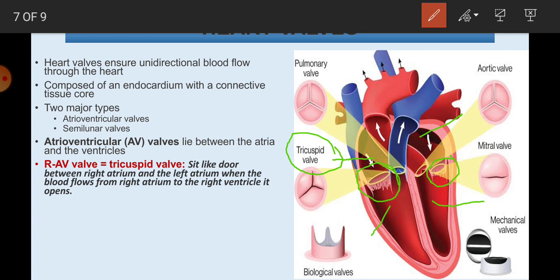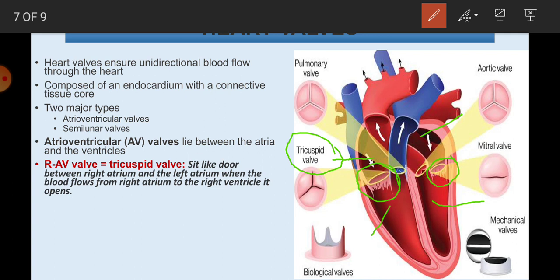There are 3 doors. In the door there are 3 parts, that's why it is called tricuspid valve.